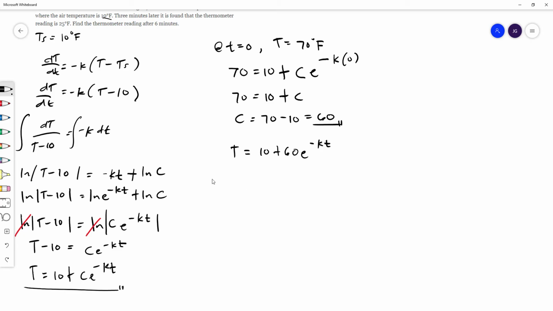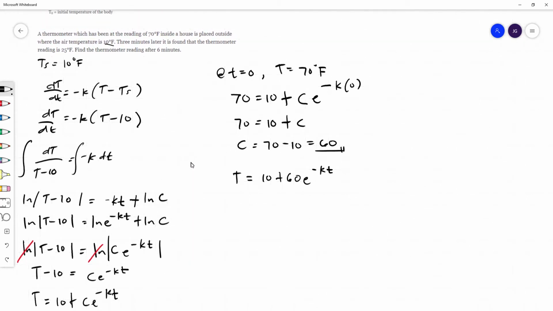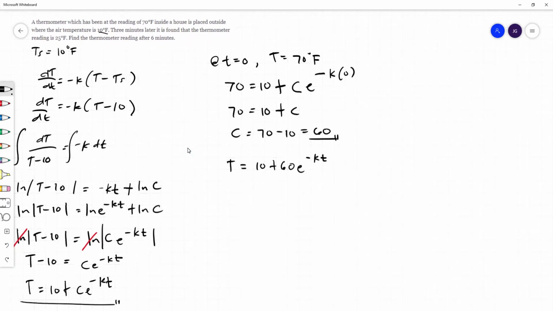And again, we need to use the 3 minutes time, at time 3, and we have the temperature 25 degrees Fahrenheit. And again, we need to substitute this into our new equation. Let's say this is our equation 1 and this is our equation 2.